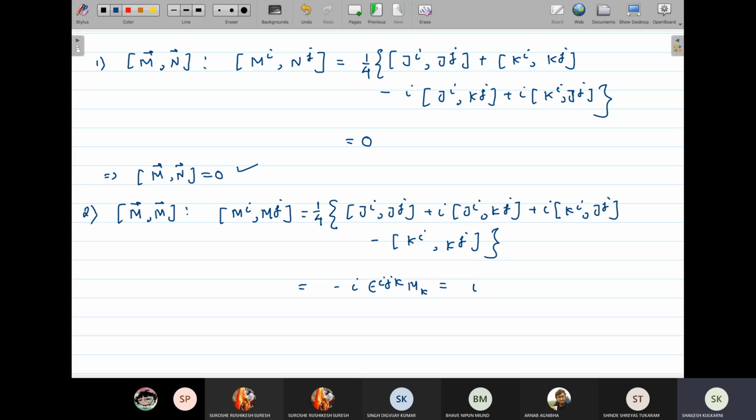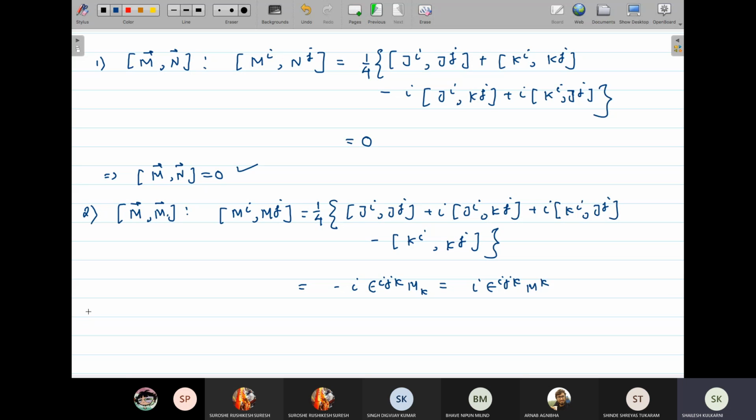So that is nothing but I times epsilon ijk Mk. The important thing is that the M commutation relation gives you M, not N. So the algebra is closed: the M type algebra is closed among itself.